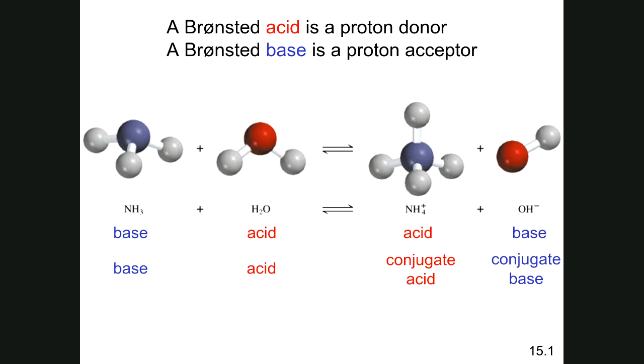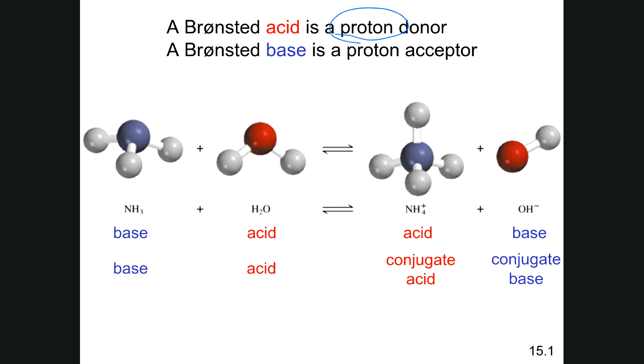Then we have the second definition, the Bronsted-Lowry acid base, which is based on a compound accepting or donating a proton. This covers more, because anything that classifies as Arrhenius is also covered under the Bronsted-Lowry definition.